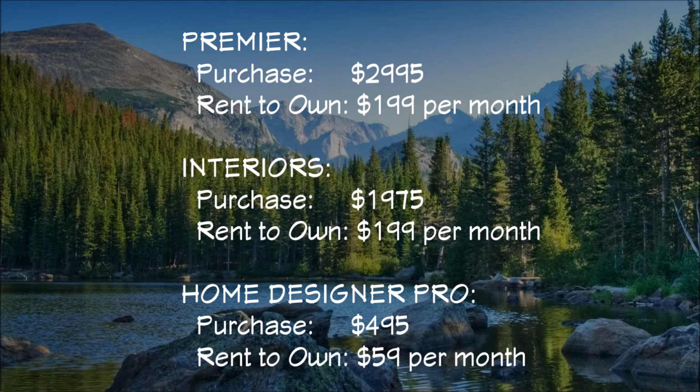Next would be Chief Architect Interiors. The price to buy that outright is $1,975. Or you can also rent it for $199 a month, and you can do the rent to own with that one too. This is also a professional level software, but there are some limitations with Interiors.